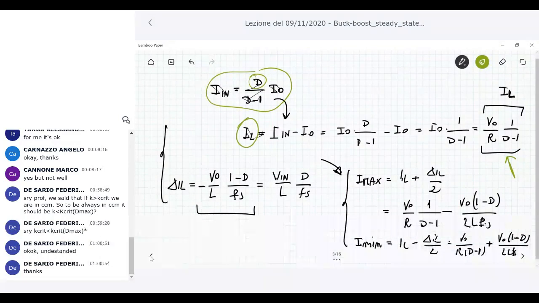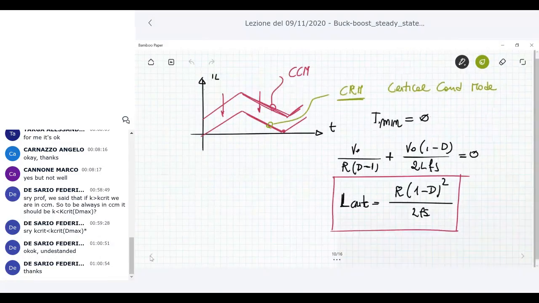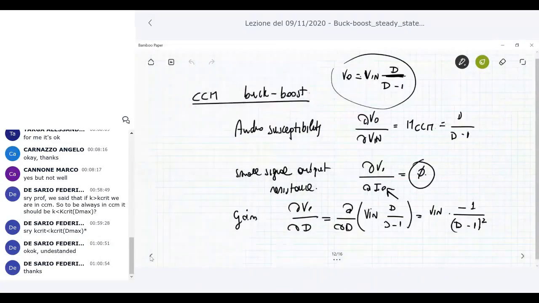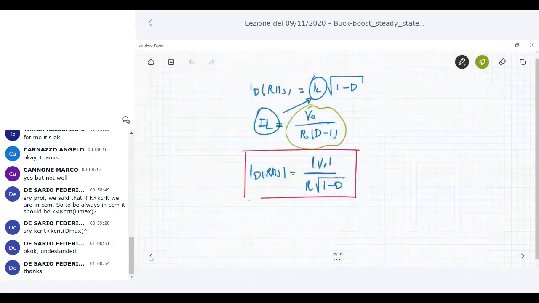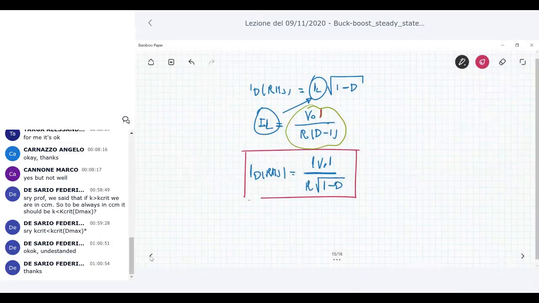I'm talking about the switch. Okay, I missed a d in something here. Let me check. IL average value here, you have a d, so that means that you have a d here.